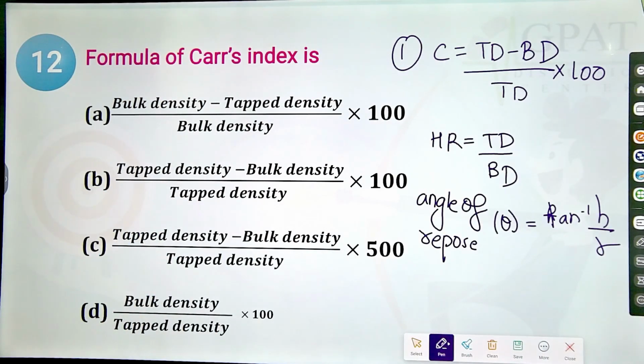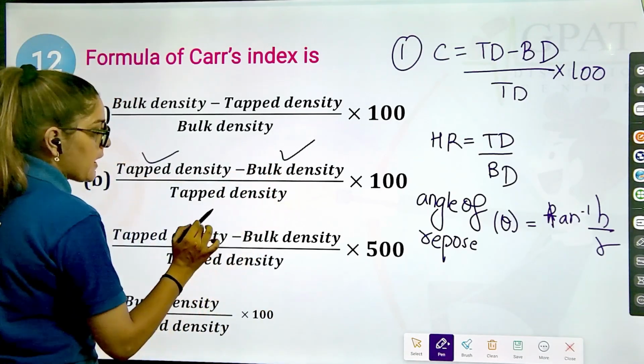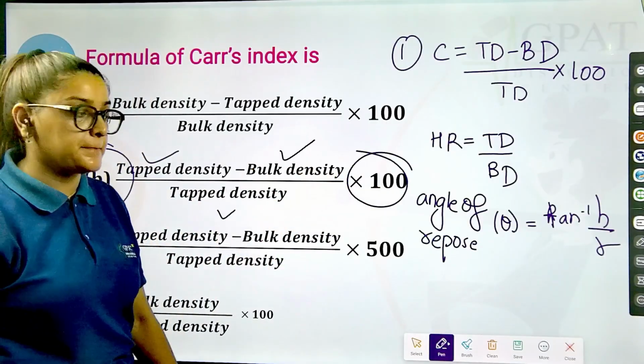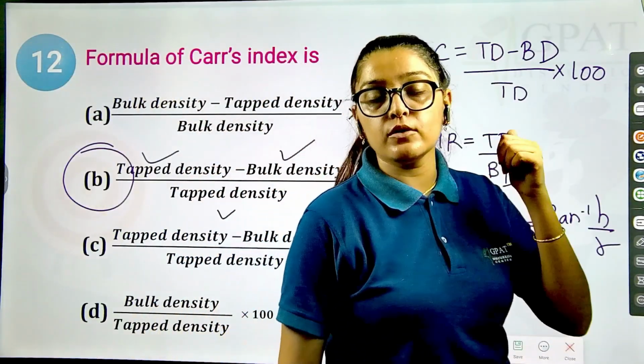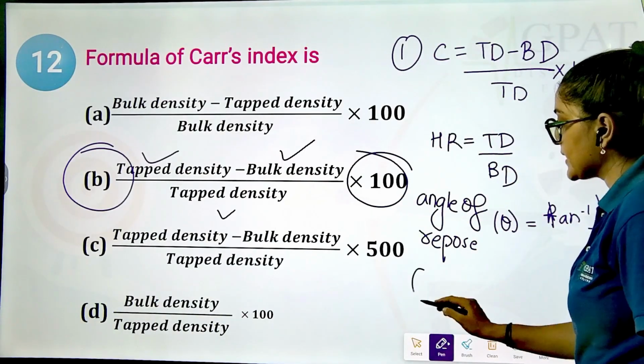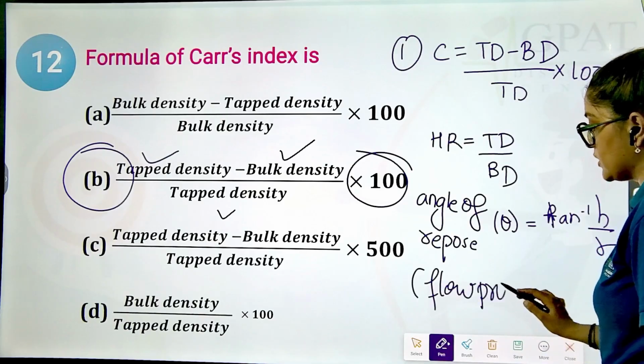So now I think you all are able to answer it correctly. We have tap density minus bulk density upon tap density into 100. So we have the correct answer as option number B. Simple. Note down these formulas. These are very important for characterizing the flow properties of the powder.